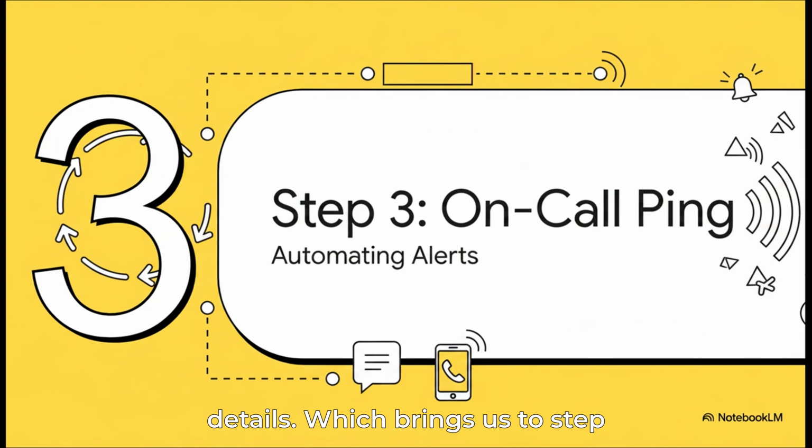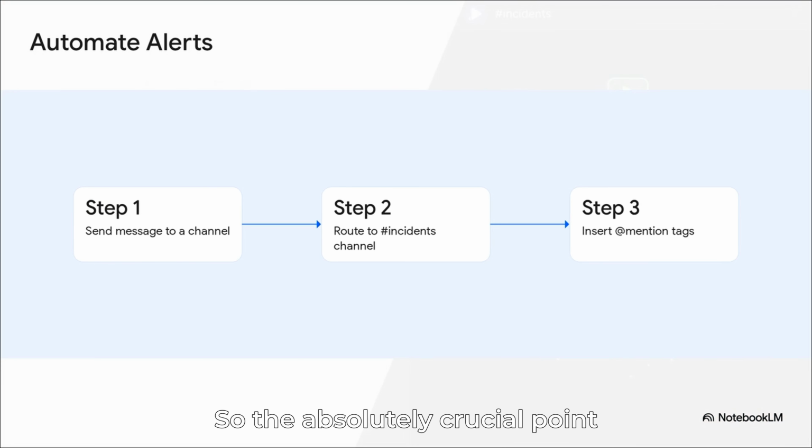Which brings us to the next step, automating the on-call ping. So, the absolutely crucial point here is making sure that beautifully structured alert actually grabs immediate attention. In your workflow builder, you simply add a send message to a channel step. You tell it to route the message directly to your dedicated @incidents channel. But here's where the real automation magic happens.